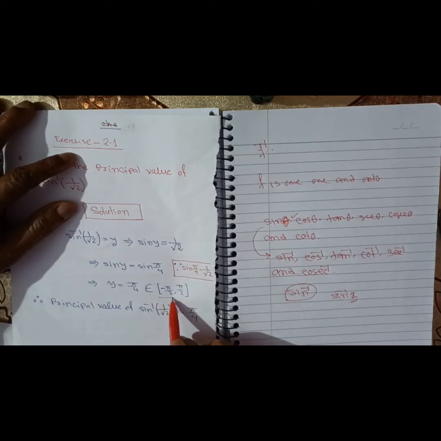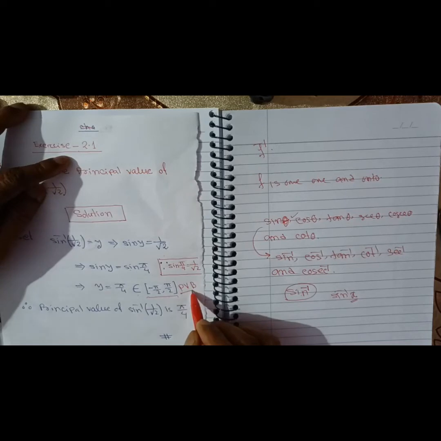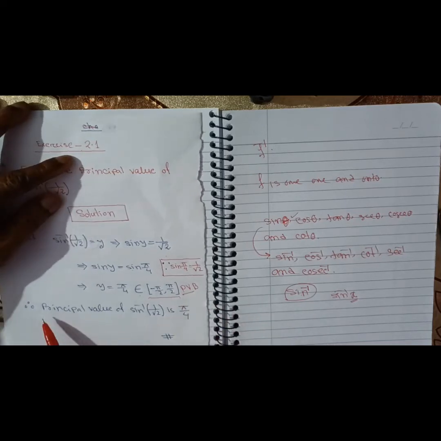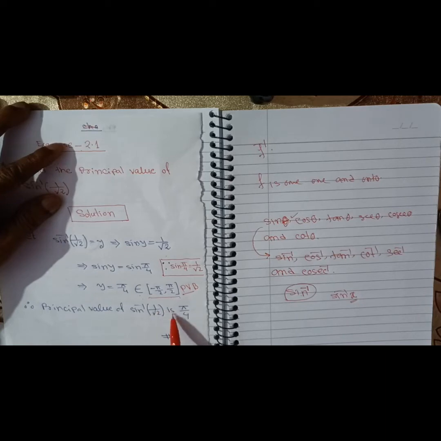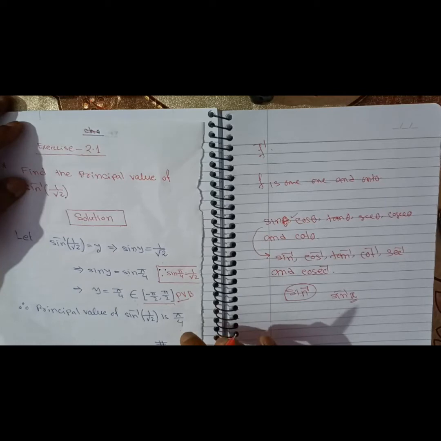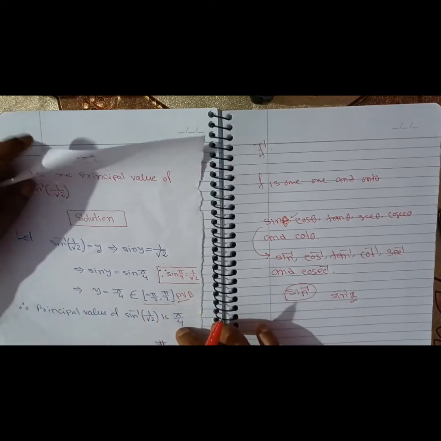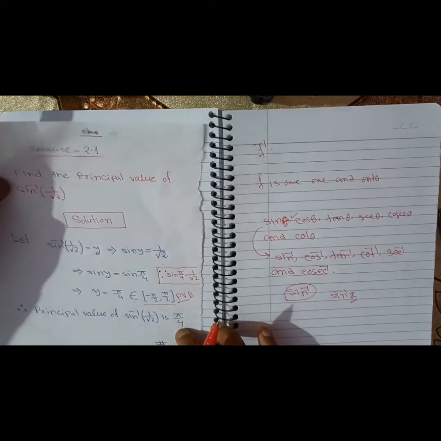That is known as the principal value branch of the sine function. So the principal value of sine inverse 1 by root 2 is equal to pi by 4.